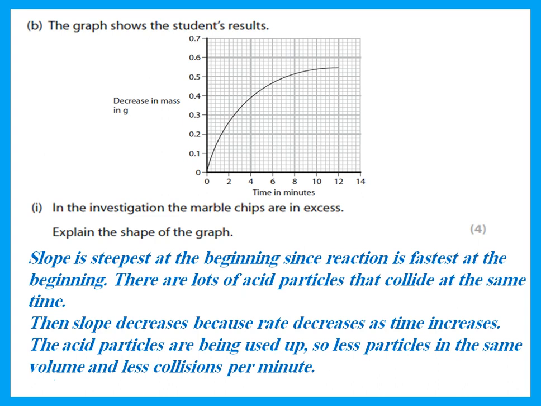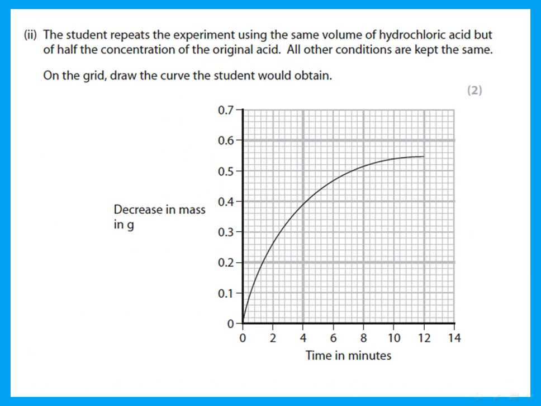There are lots of acid particles that collide at the same time. Then the slope decreases. This is because the rate decreases as time increases. The acid particles are being used up. Remember, the marble chips are in excess, so it is the acid that is being used up. So less particles in the same volume and less collisions per minute.